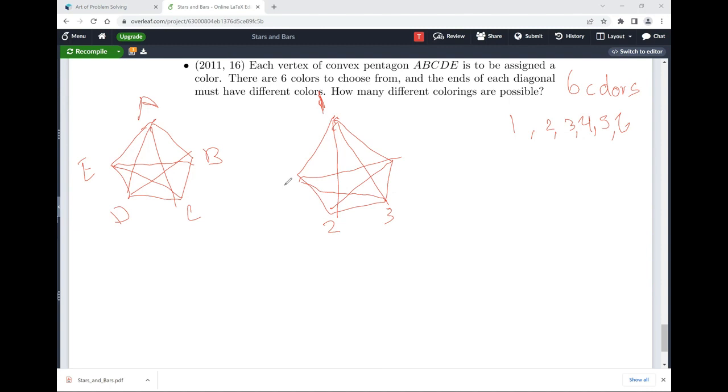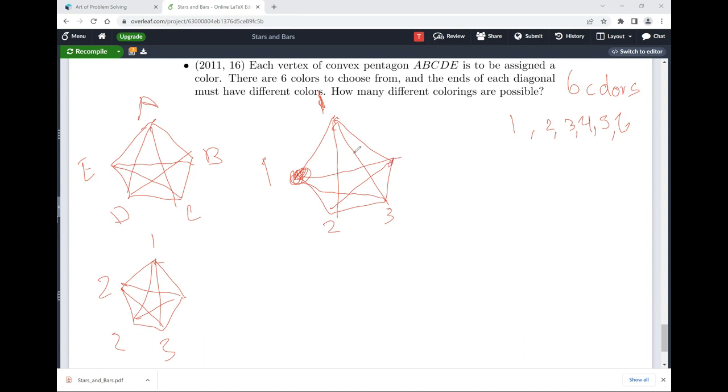And notice that this point can be 2, can't be 3. It can be 2 or 1. So let's just do casework, and let's call this 1. And let's have another case where this is 1, 2, 3, and this is 2.